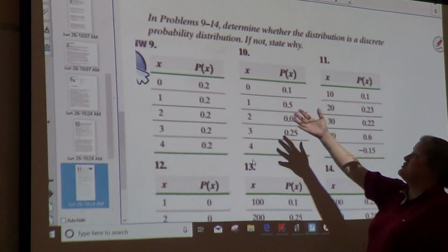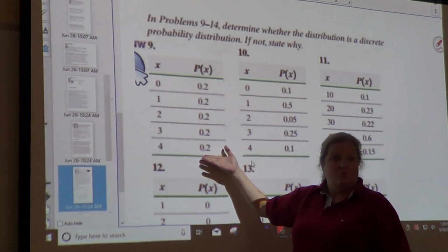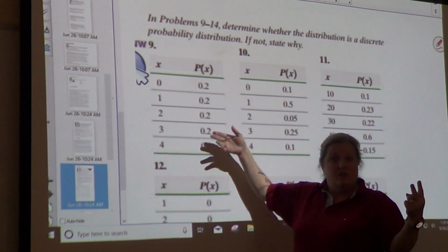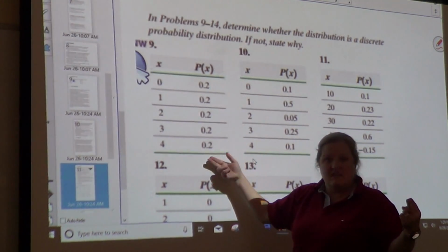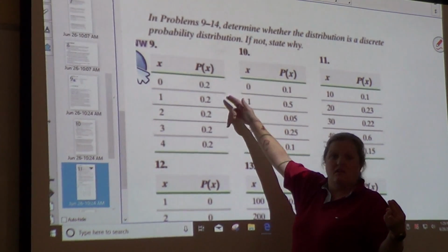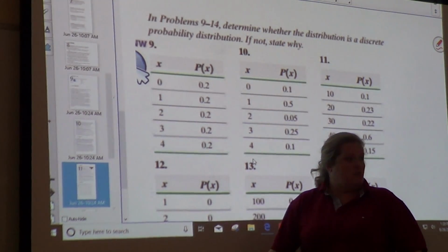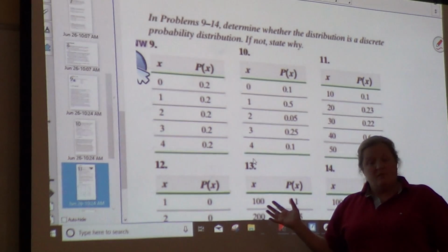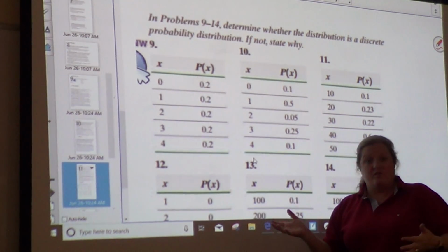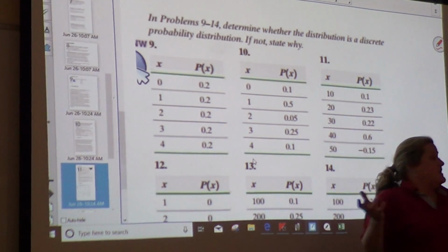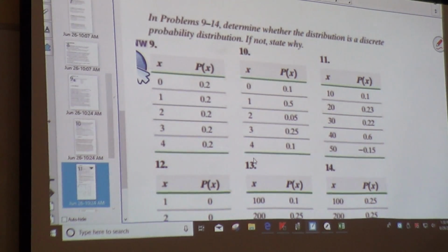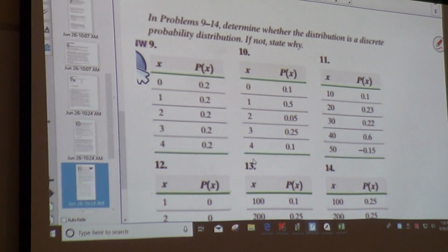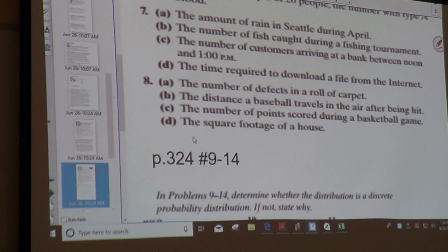Tell me if it's a discrete probability distribution. What are the 2 things you're looking for? Does it equal 1, and is everything between 0 and 1? So I gave you a bunch to look at. Does it mean you have to do every one? No. Now, I didn't give you the answers. So here's what you have to do for the answers.